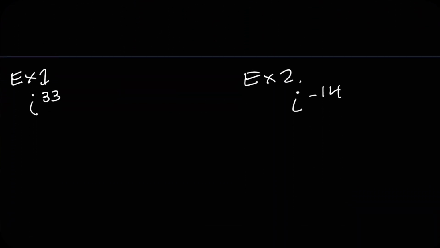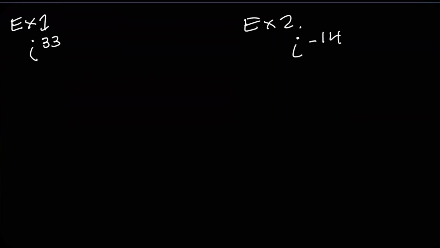All right. So using some real numbers here, our first example, let's try to simplify i to the 33rd. So i to the 33rd, let's see what we can break this down with. For our case, let's just say i to the eighth times i to the eighth times i to the eighth times i to the eighth times i.